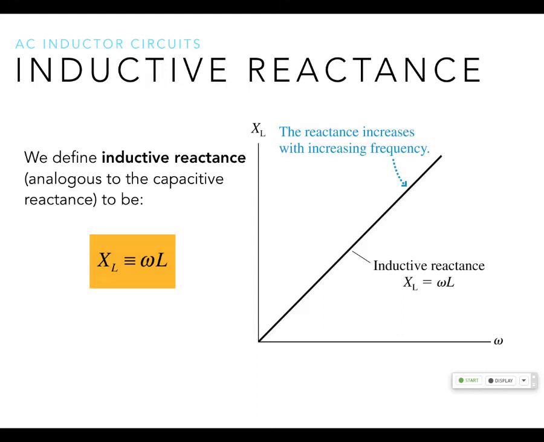And how fast the current changes is how much induced field you get, right? Remember when we did that inductance lab? So if you move the magnet faster, you get a bigger pop on the current, okay? So what that means is, when is current changing quickly? When the frequency is high, okay?